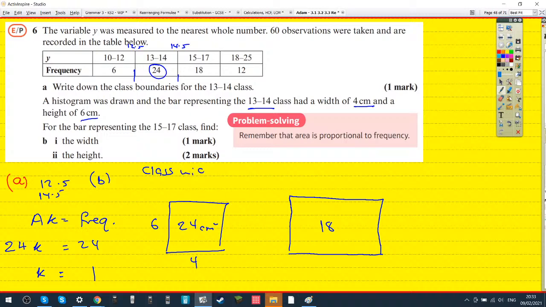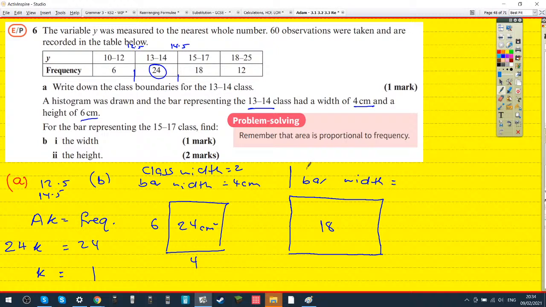So class width of 2 is the same as a bar width of 4 centimeters. We want to know the bar width for this one. So would it be from 14.5 to 18.5? Well done. 17.5.